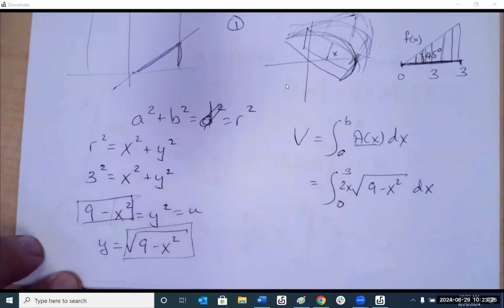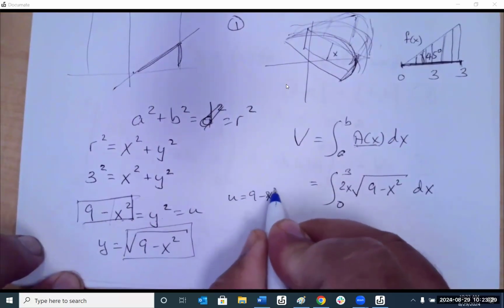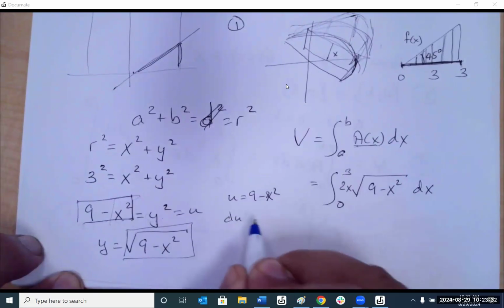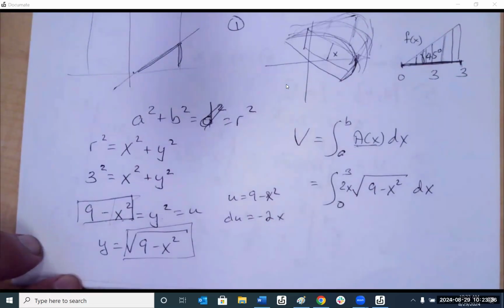If we set it equal to u by substitution, then du is negative 2x.